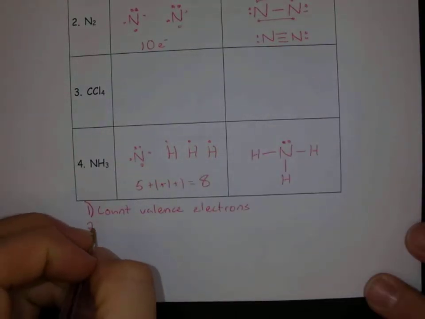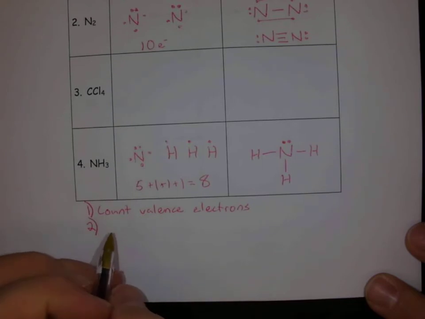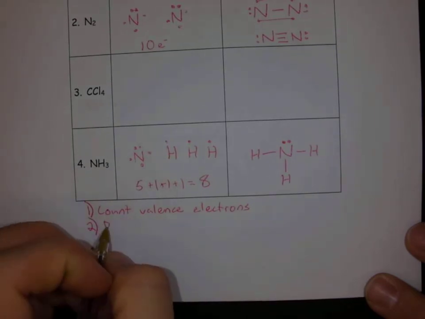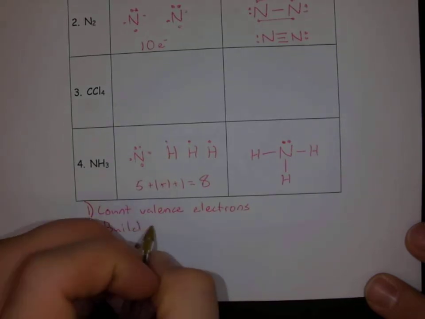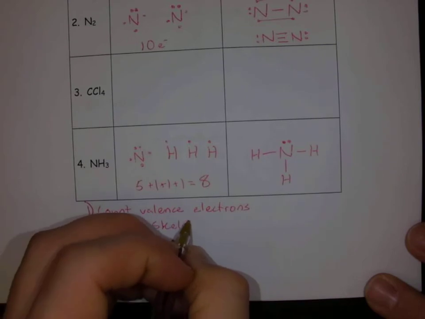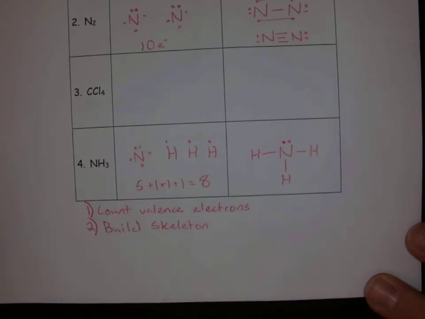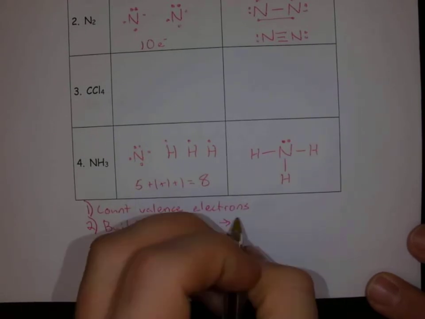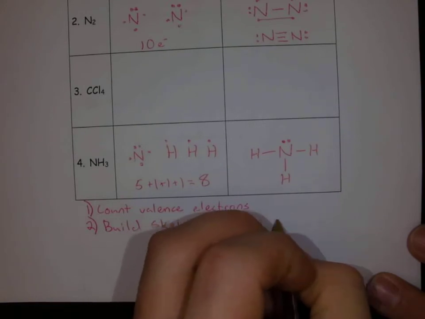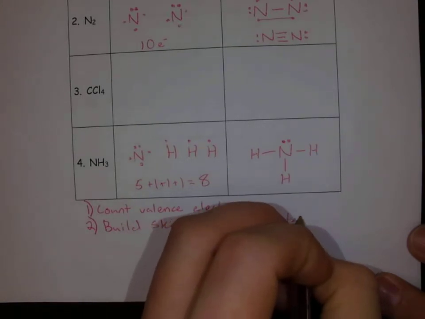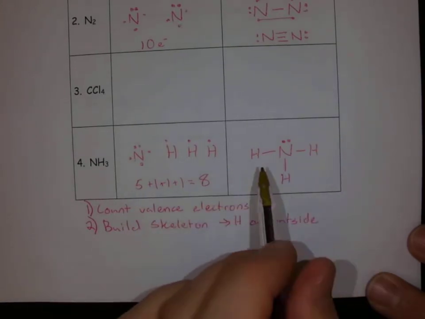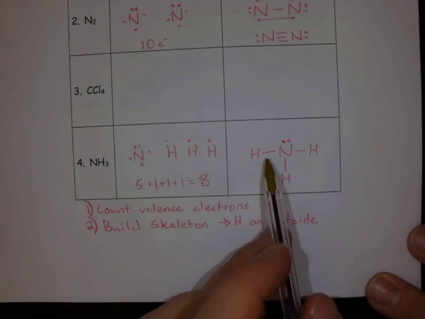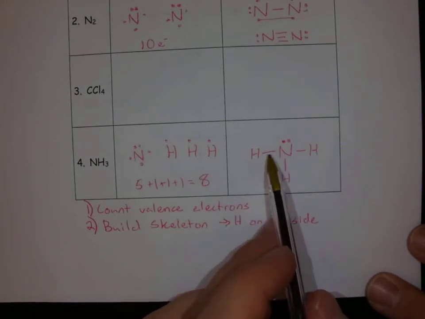The second thing that we're going to do, once we've counted our valence electrons, is build a skeleton. It's perfect that it is Halloween this week because we're going to build a skeleton. Once we build that skeleton, we want hydrogen on the outside, because hydrogen can only share 2 electrons, so it's generally only going to be able to make a single bond.